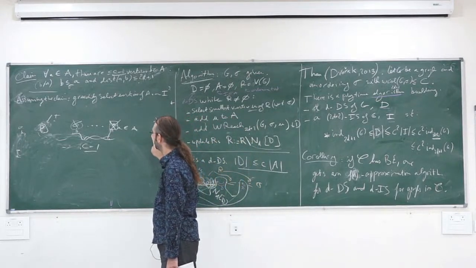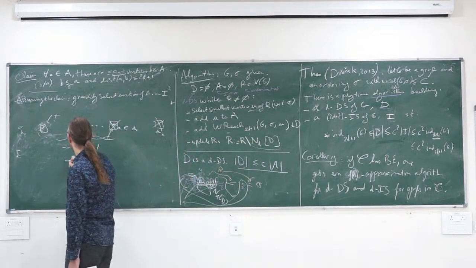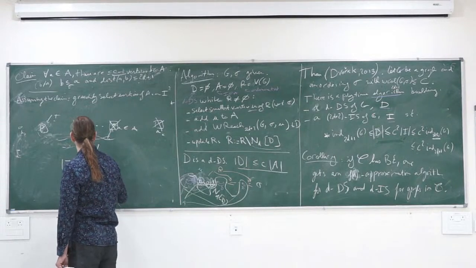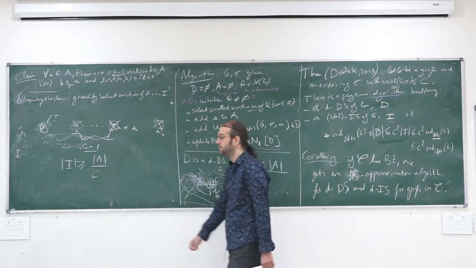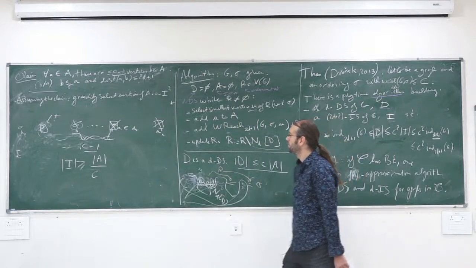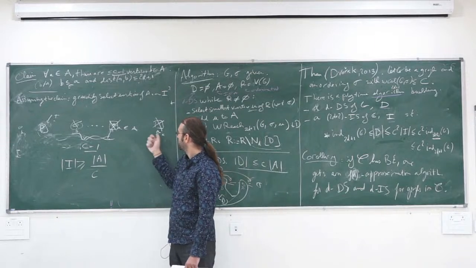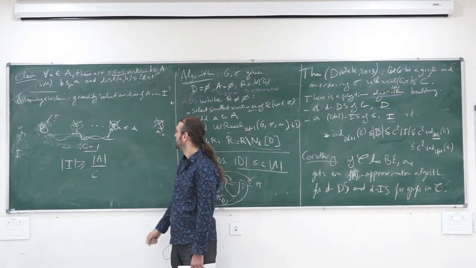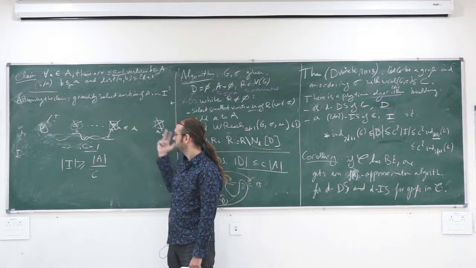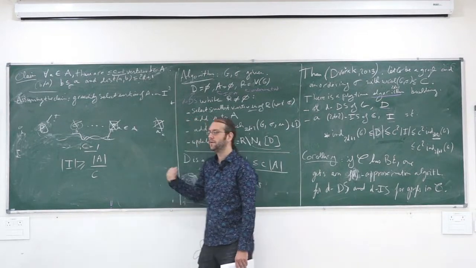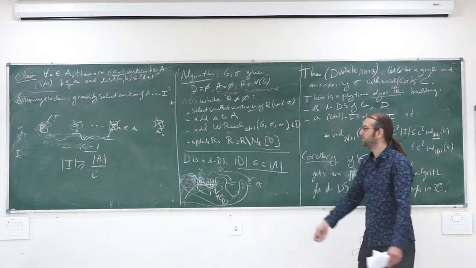And then what I'm saying is that the I have selected now is at least A divided by C, because when I pick one, I kill C minus 1 plus 1. Pick one, I remove C from my potential set, and then I reiterate. So it's a greedy procedure.